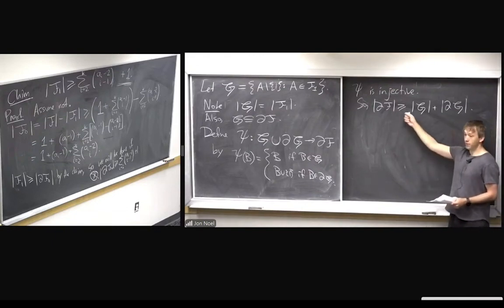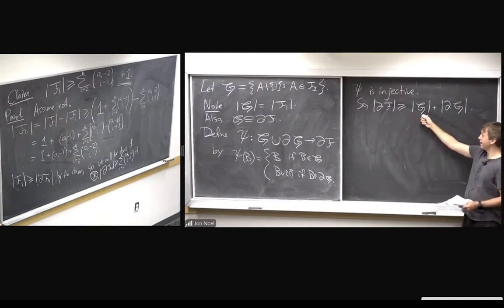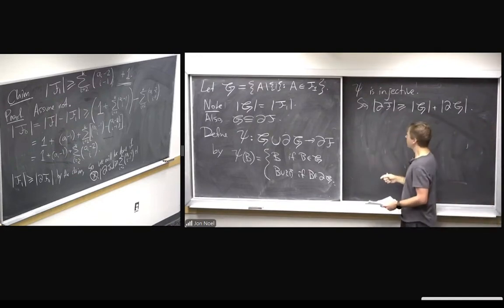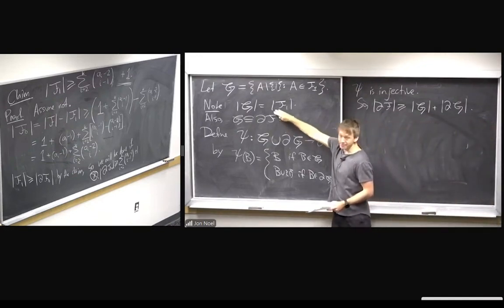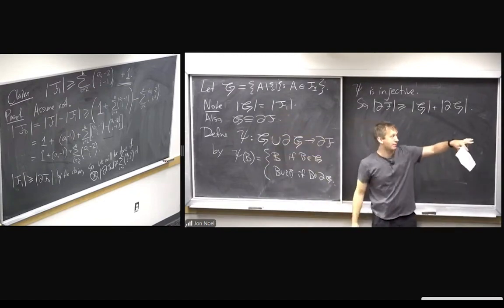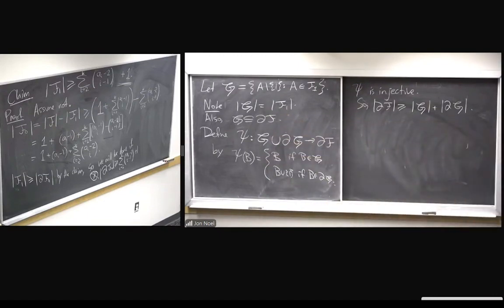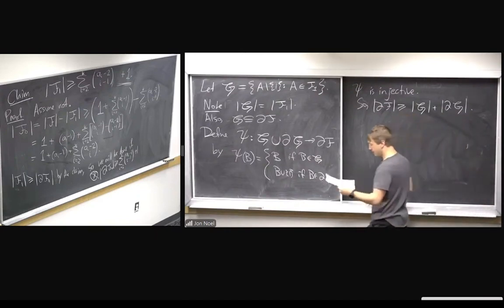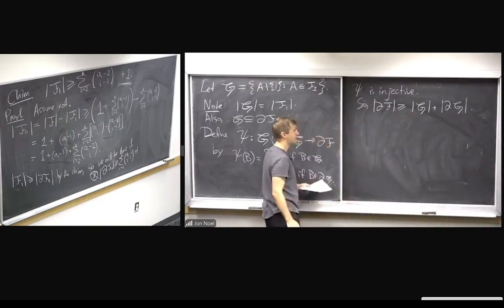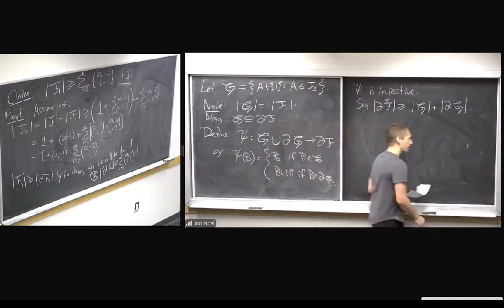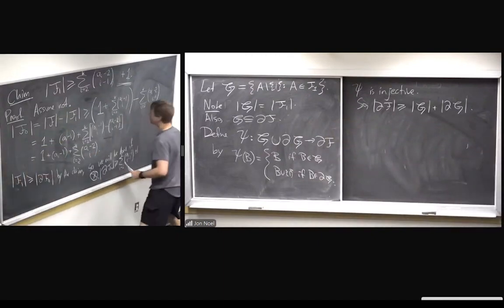So what we're going to do is finish off. Remember G has the same size as F1, and we know something about that. We know that the size of F1 is this sum of binomial coefficients plus 1. So somehow that's useful to bound G and also the shadow of G, and then we use that to get a bound on the shadow of F. So maybe I'll leave this plain and I'll erase the proof.